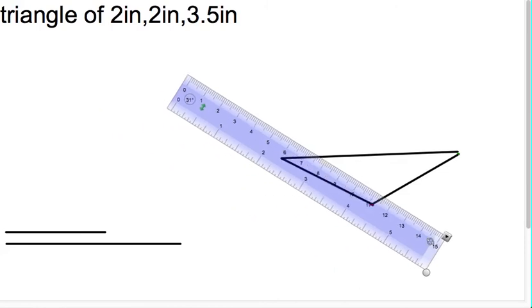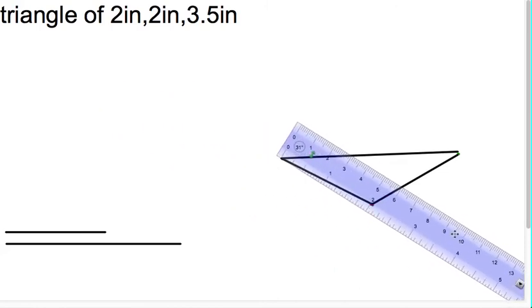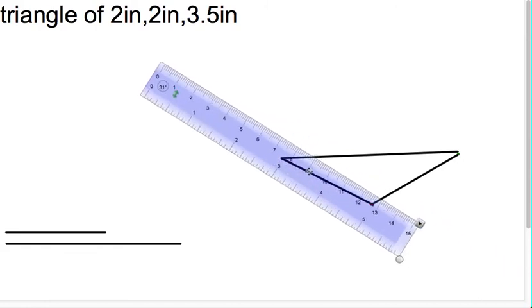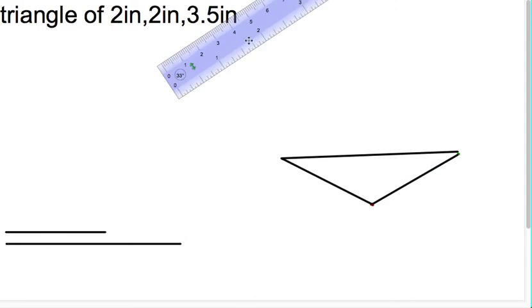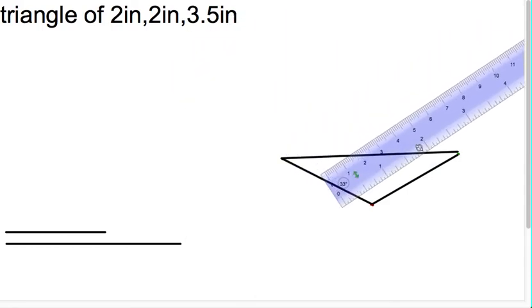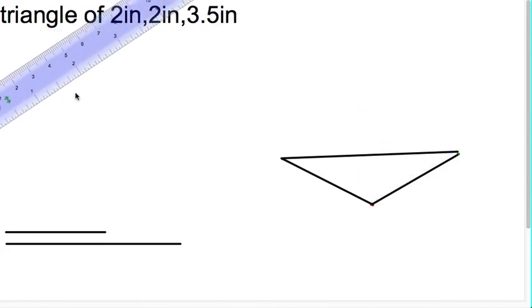Let's see. About 2 inches there. And 2 inches there. So we did a good job. Whew. It was a lot of work though.